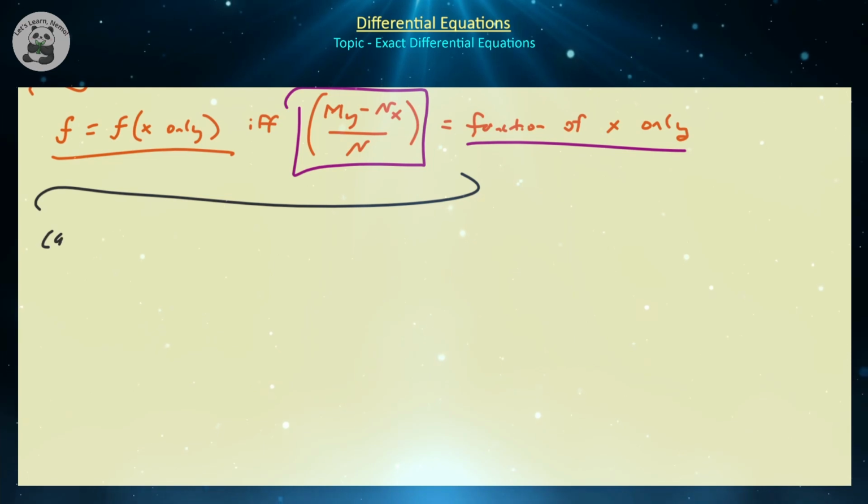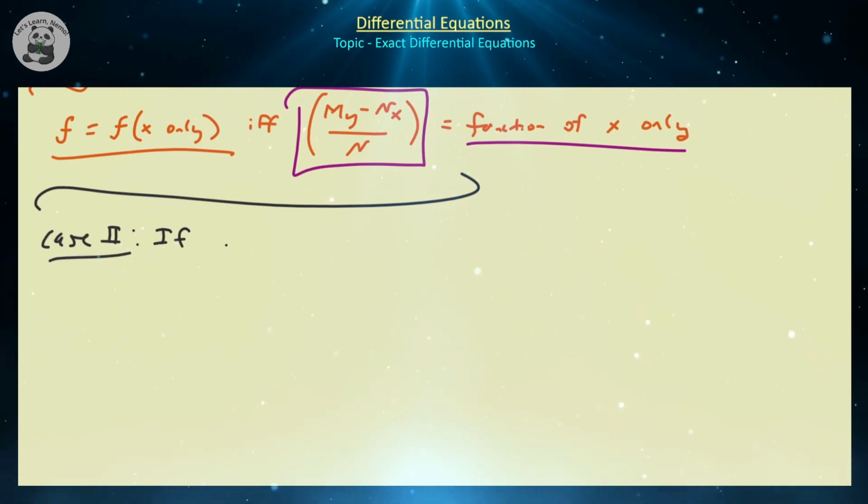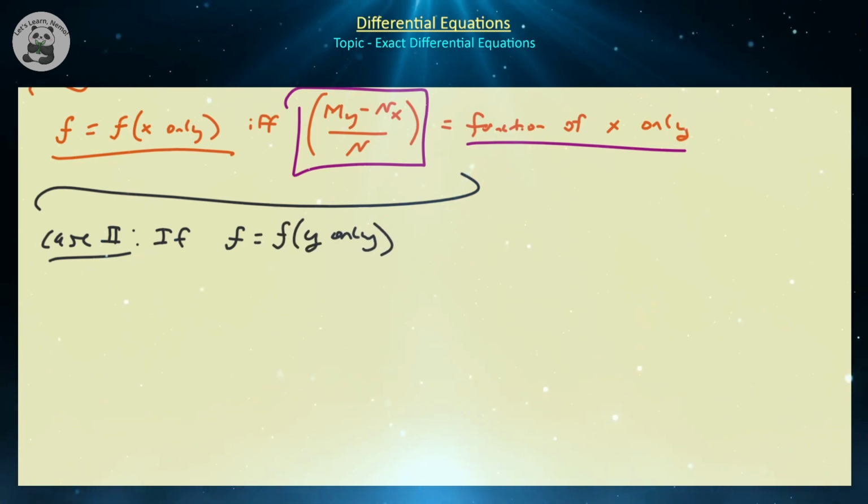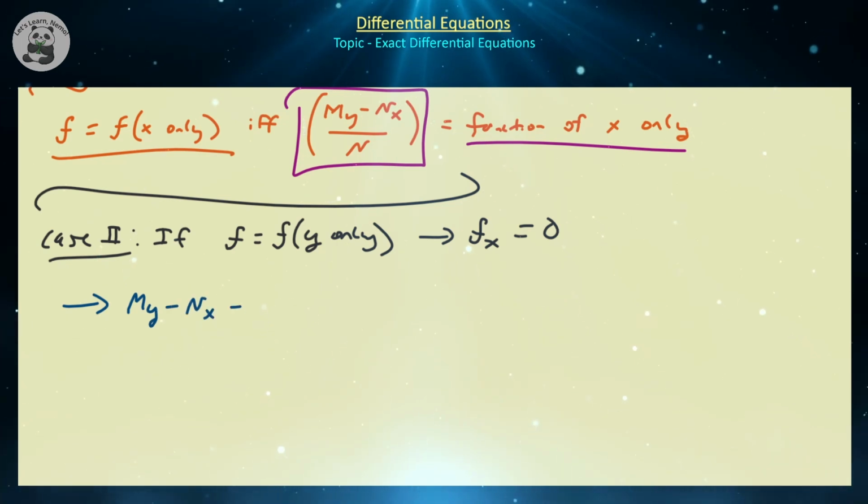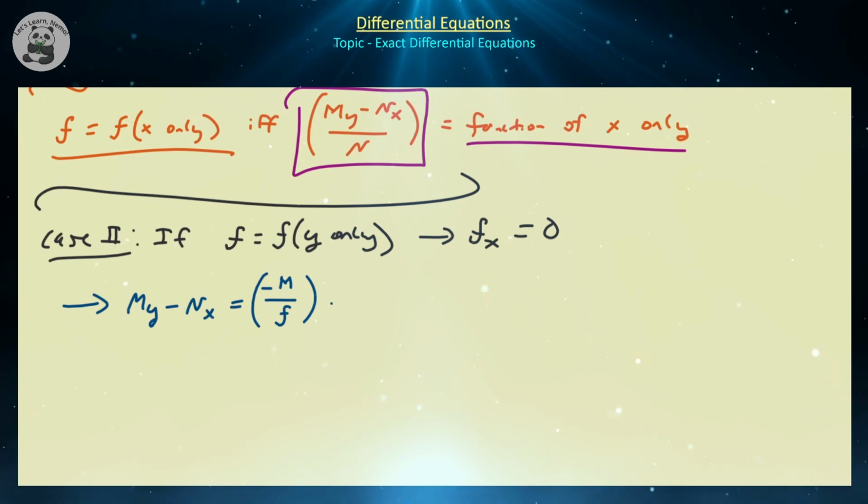Let's look at another case. So instead of assuming that the function is a function of x only, let's assume that the function is a function of y only, implying that the partial derivative with respect to x will be equal to 0. So if that's the case, that means my minus nx would be equal to minus m over f times the partial derivative of f with respect to y.